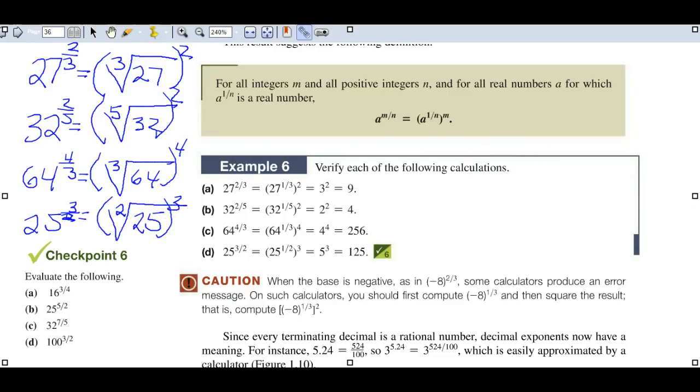And now we actually do the calculation. Third root of 27 is 3. 3 squared is 9.